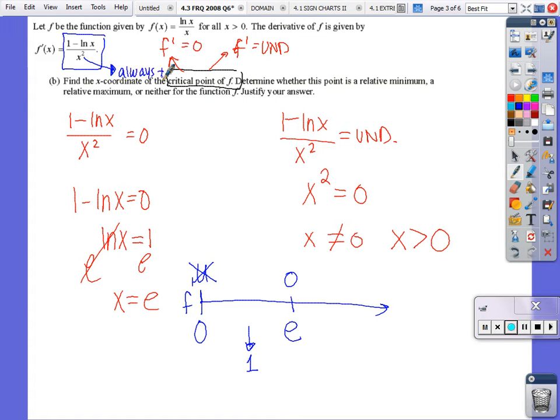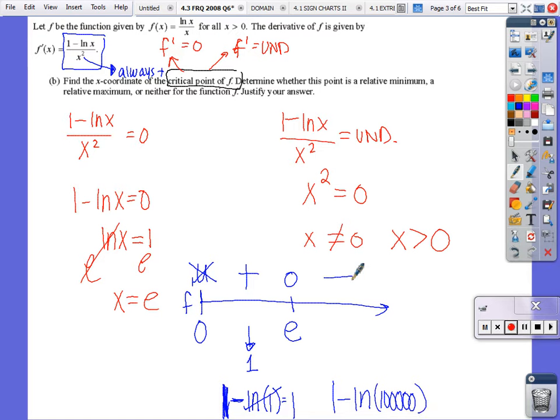So my numerator is 1 minus ln of x. So 1 minus ln of x, I'm going to put 1 in. And remember, ln of 1 is 0. So this is positive 1 minus ln of 1, which is 0. So I end up getting 1. So this is a positive 1. If I put in a million, I get 1 minus the ln of, let's say, a huge number.